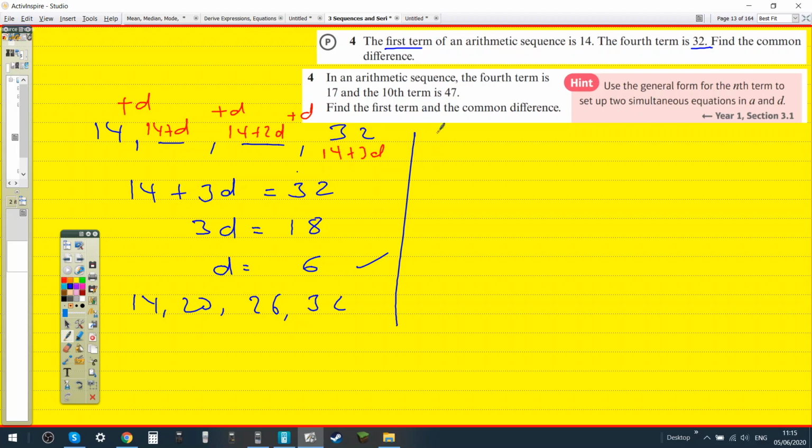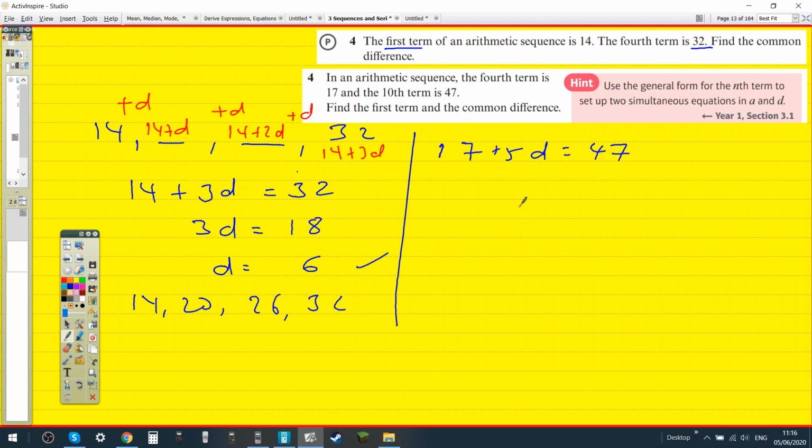Okay. Next one. Would I need to do something like 17 plus 5D equals 47?